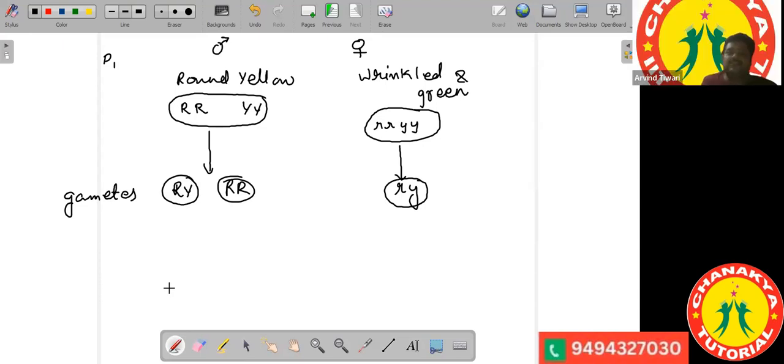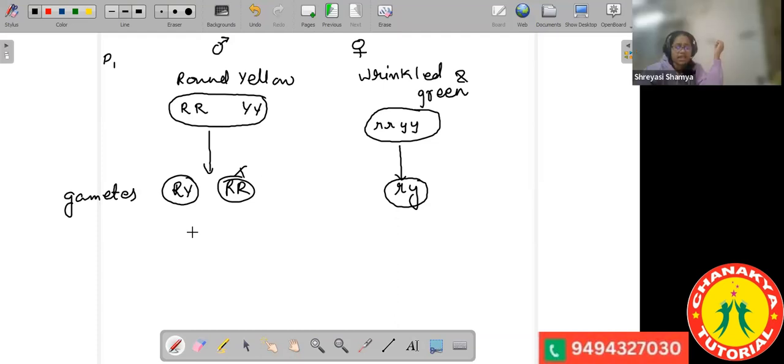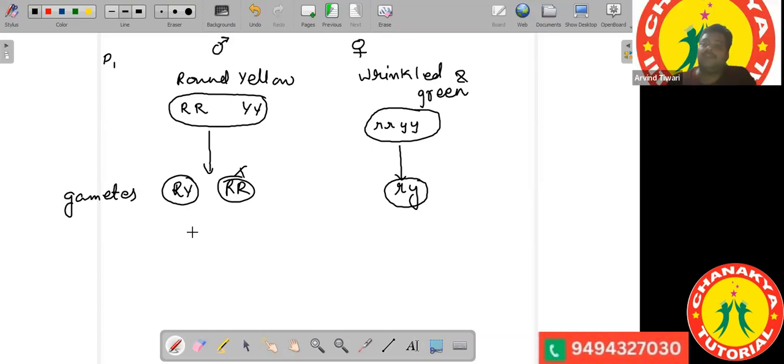Okay. Which law of Mendel gives us an idea that this is not possible? Only this is possible. Mendel's law of segregation.